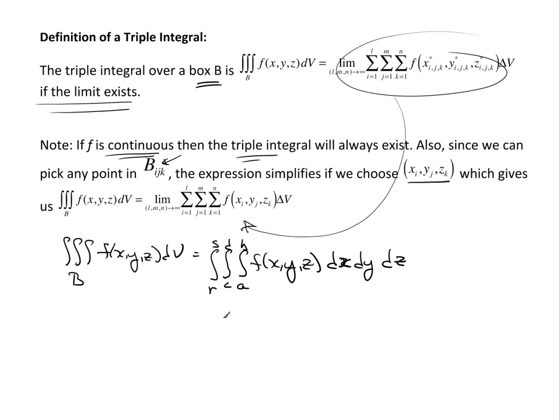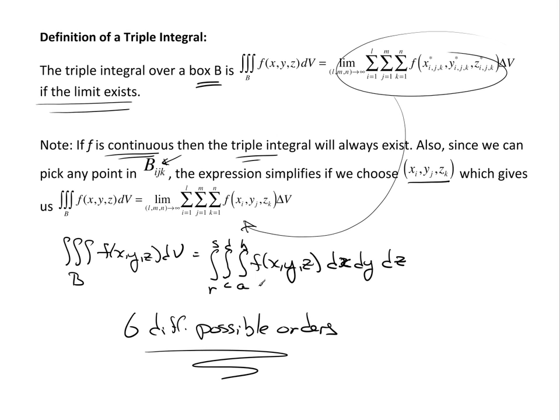But as we know, the nice thing about Fubini's theorem is that we can do this in any order that we want. We can exchange the order. So there are actually six different possible orders that we can choose to integrate this, depending on the situation that we're working with.